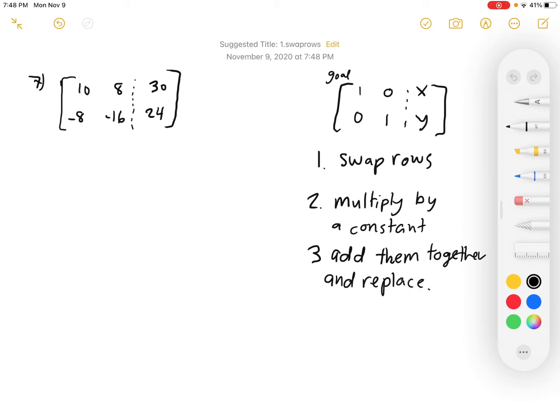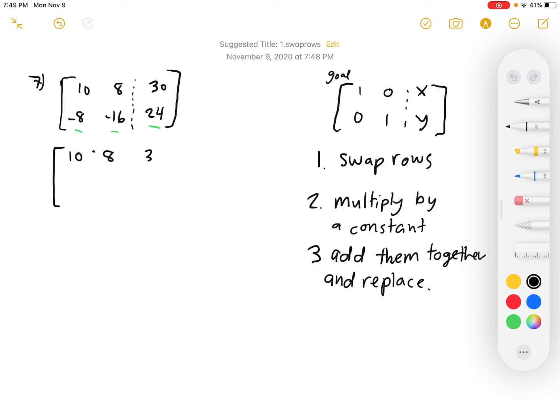So here, looking at number 7, I don't see anything that immediately jumps out to me, but I do notice this. We have -8, -16, and 24. Those are all factors of 8. So if I were to multiply by 1 over -8, let's just see what happens. So the top row will stay the same.